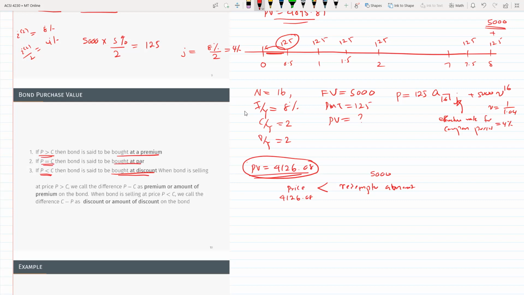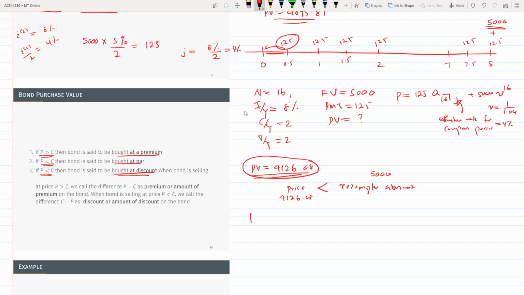Okay, so when you see the words bought at premium, bought at discount, bought at par, you need to know the meaning behind that wording. Premium means you paid more than the redemption amount. Discount means you paid less than the redemption amount. Then the difference we call either premium or discount based on which one is bigger.